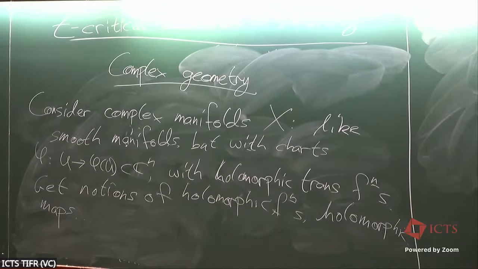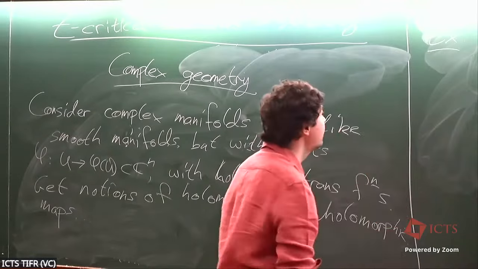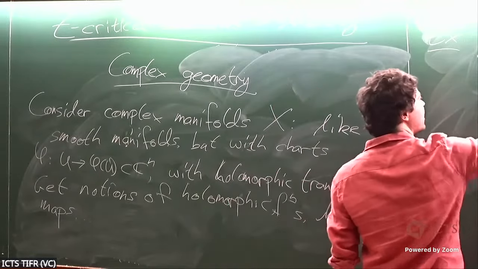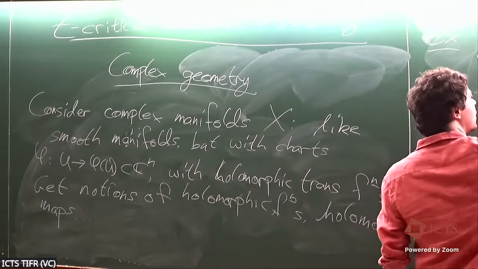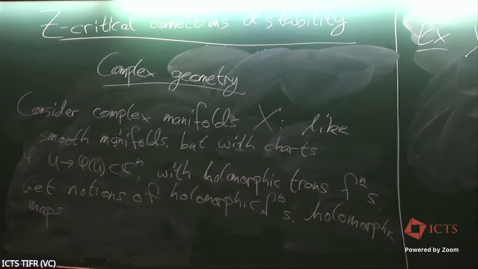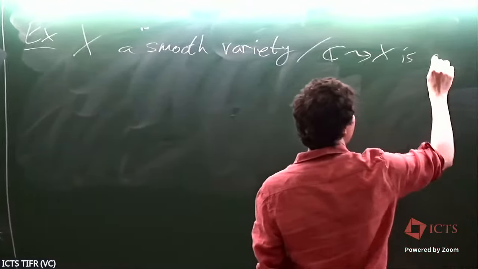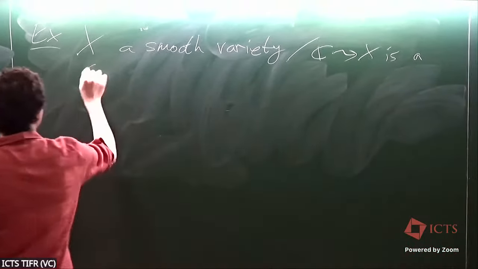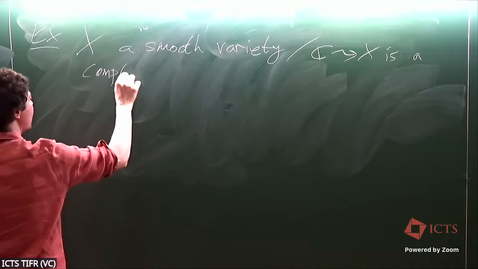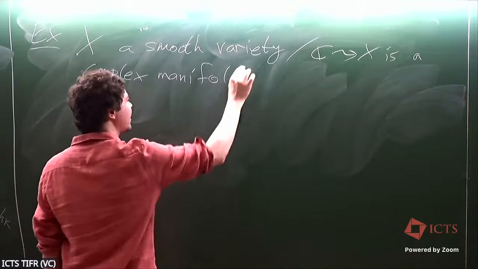Okay, so I imagine that's a notion that's familiar to many of you, but I'll give the main example. If X is a smooth variety over C, for example a projective variety, then X can be viewed as a complex manifold. So not all complex manifolds are projective or algebraic varieties.